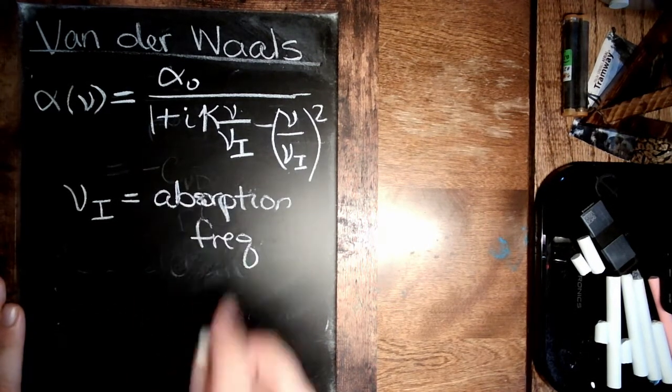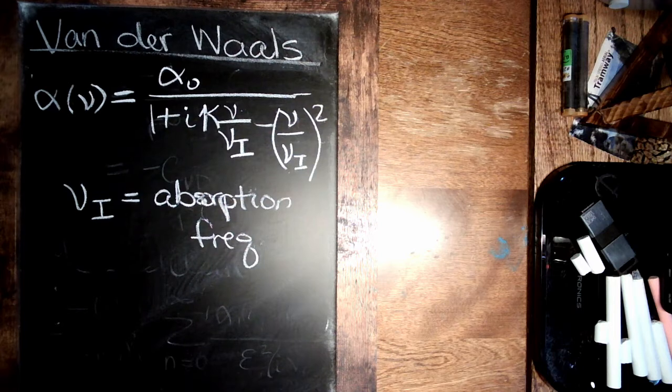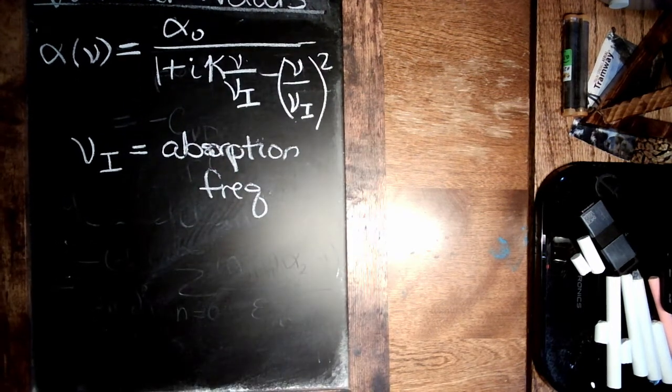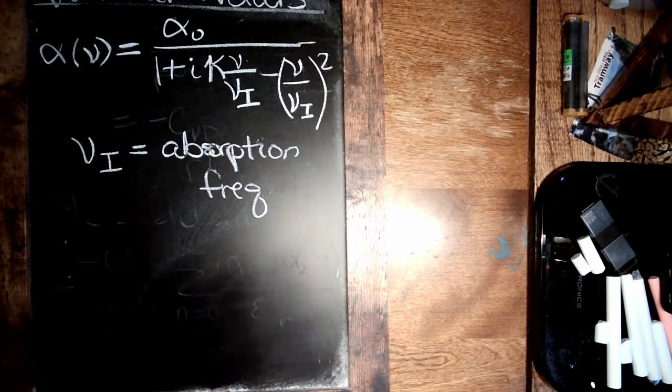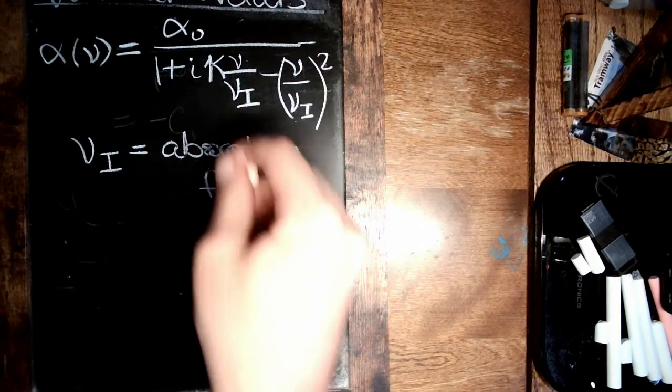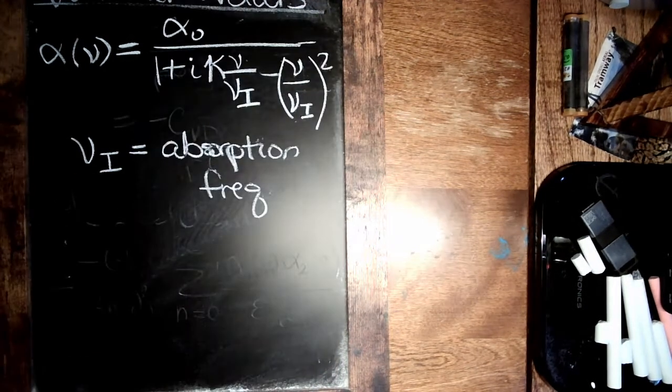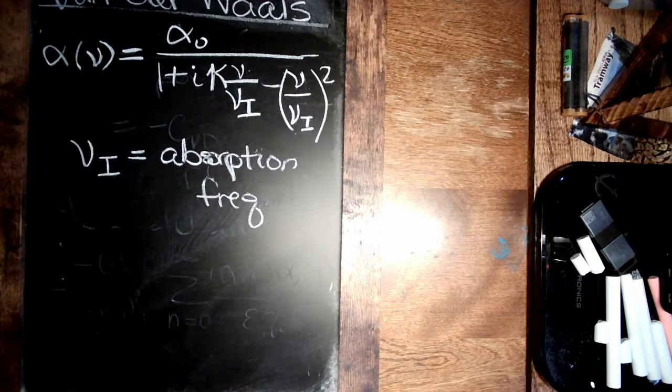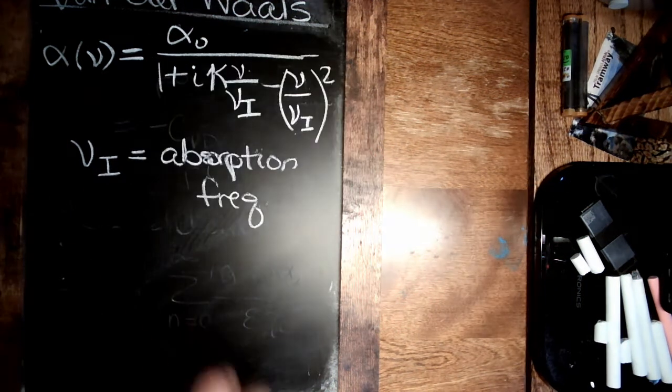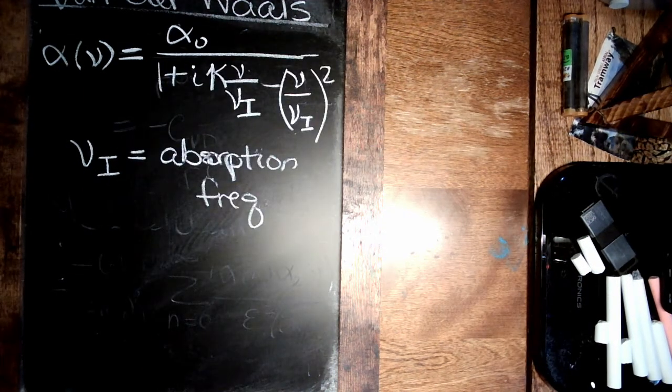This is the frequency that it preferentially likes to absorb, or this particular wavelength. And so nu is the variable that we're varying, and you can see this kappa is part of the damped oscillator model. We're treating alpha as a simple harmonic oscillator.